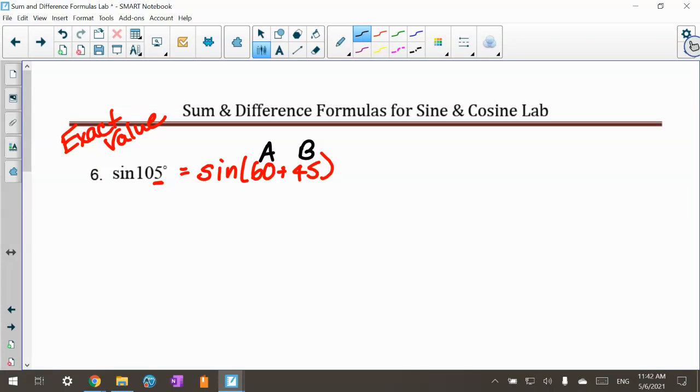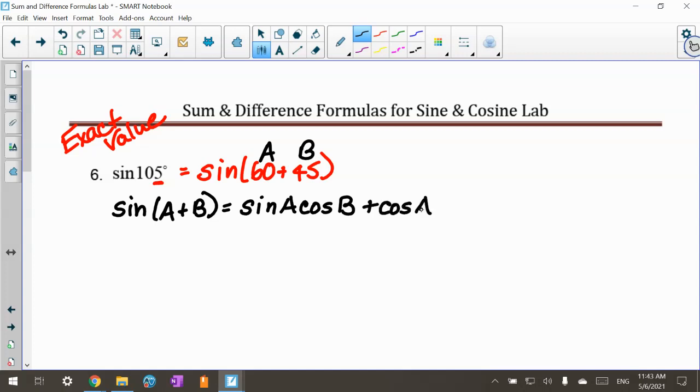So when I copy down, I'm going to copy the formula down so you see that the sine of A plus B, I'll write the formula here, is going to be the sine of A, cosine of B, remember this is on your sheet, I don't expect you to memorize this, plus the cosine of A and the sine of B, okay? So now we're going to actually just go through, and wherever there's an A, put a 60, wherever there's B, put a 45.